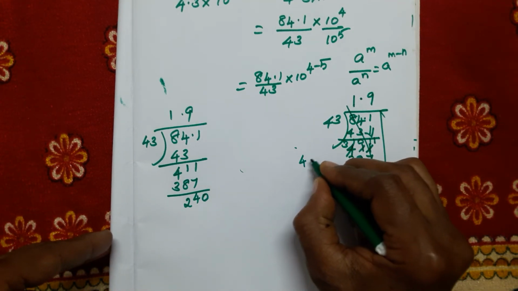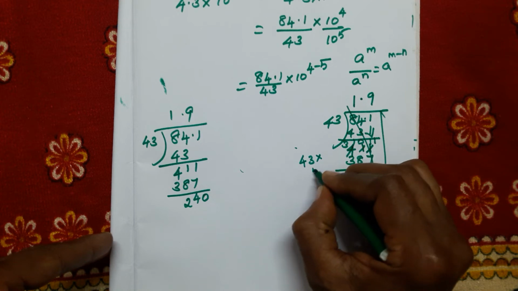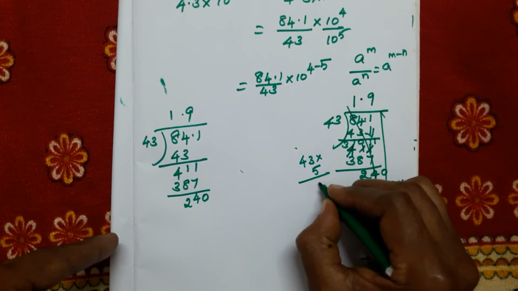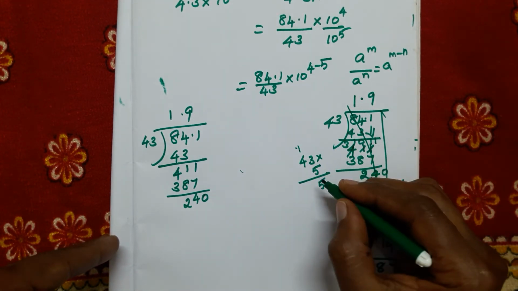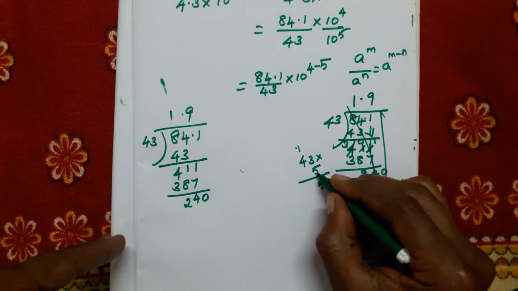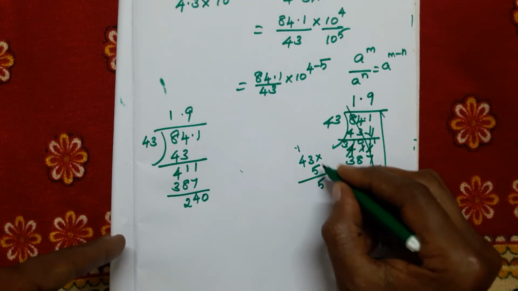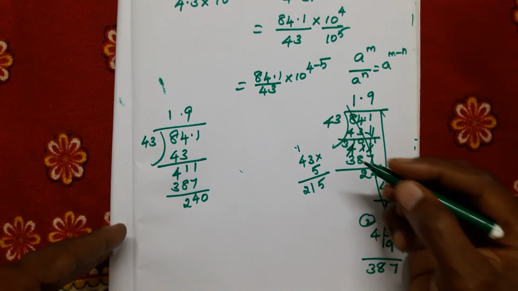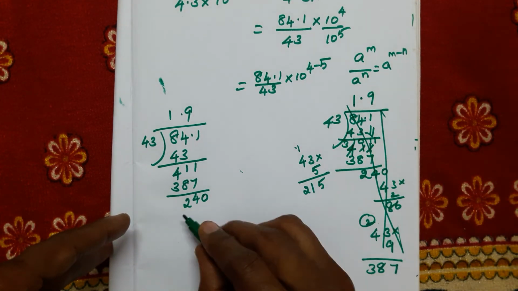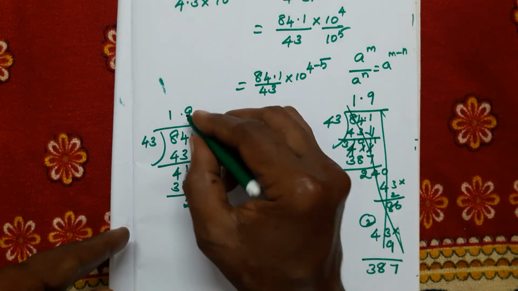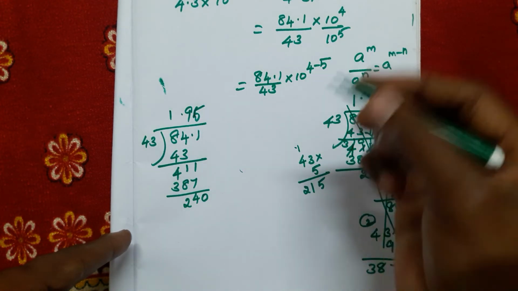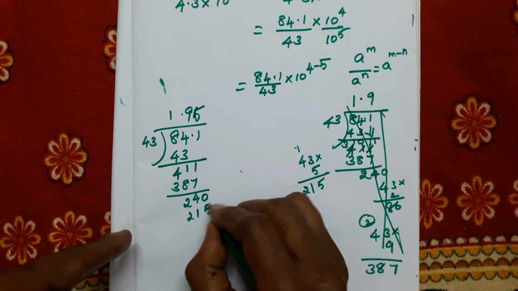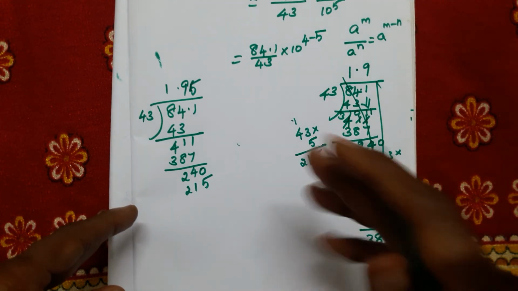When we are multiplying 43 into 5, what are we getting? 5 3s are 15, 1 balance. Next 5 4s are 20, 21, 215. 6 times means, will it go 6 times? No. So we can write 5 times, 215.